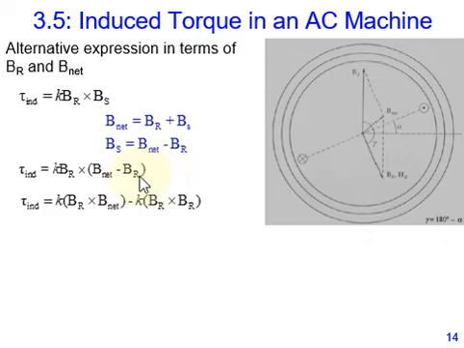After cross multiplying K Br with the factor B net minus Br, we get one term K Br cross B net minus K Br cross Br. The second term becomes 0 because of sine 0.